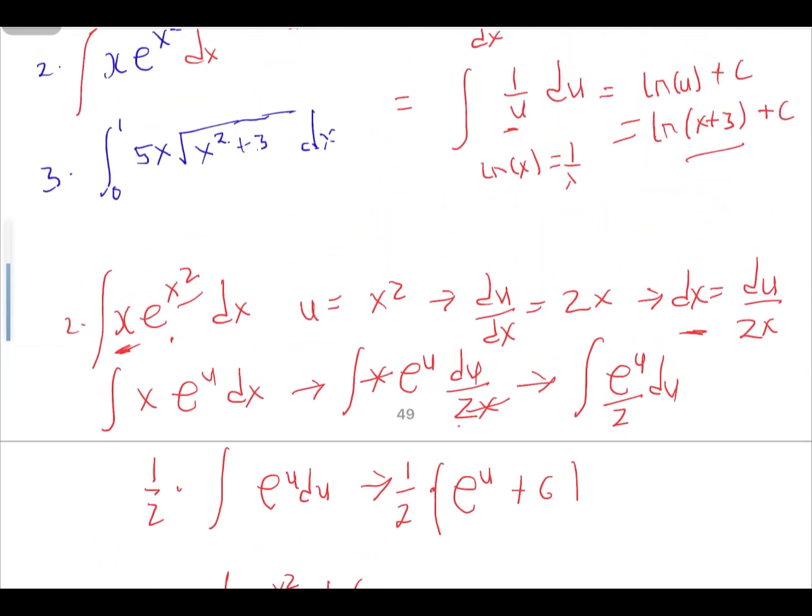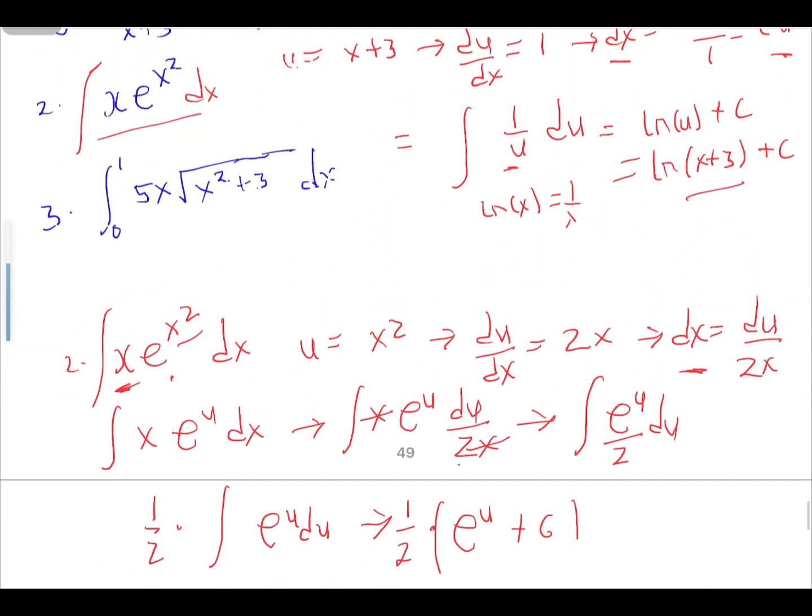When you see the fact that this is an exponential one, then you don't have to let u represent this, but let u represent the complex one, which is the exponent, and you'll be able to solve.